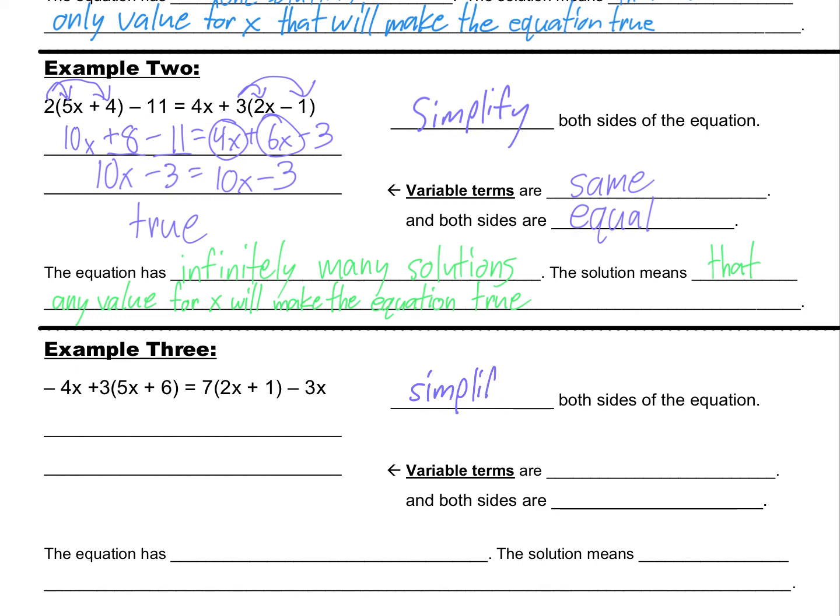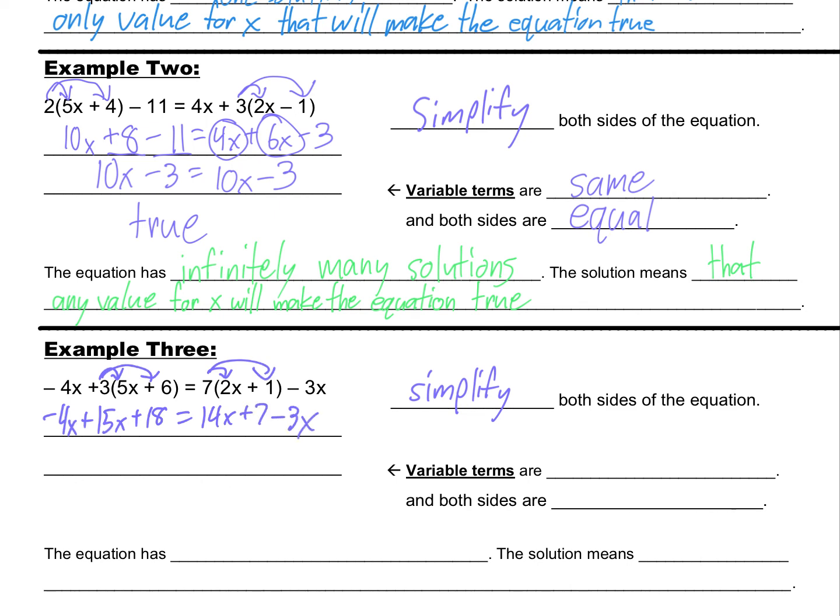Now, let's look at example 3. Once again, we are going to start by simplifying both sides of the equation. Using the distributive property, we get negative 4x plus 15x plus 18 is equal to 14x plus 7 minus 3x.